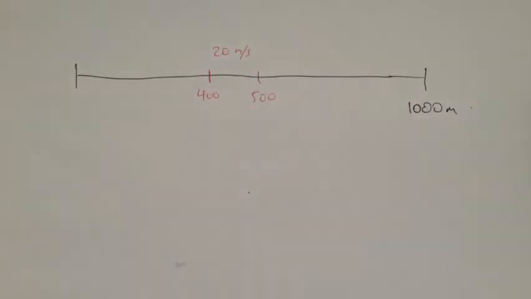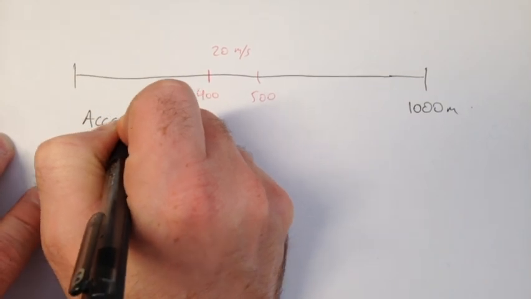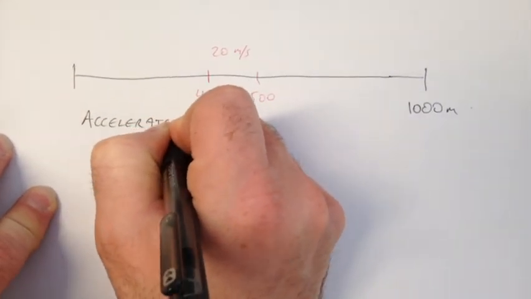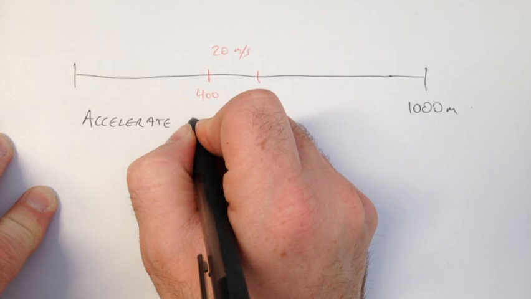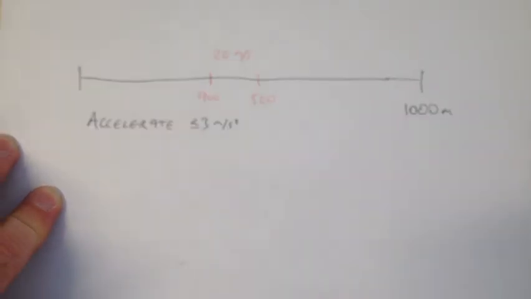Limitations on your ability to move are as follows. You can accelerate anywhere up to and including 3 meters per second squared.